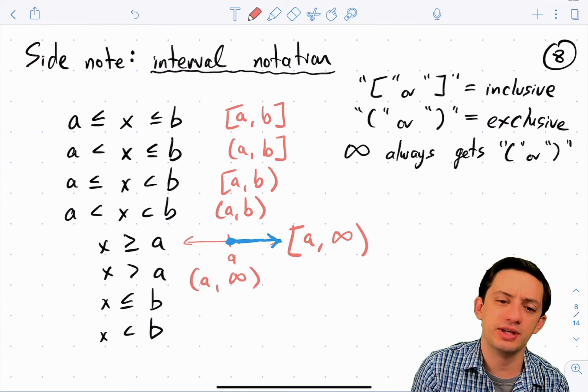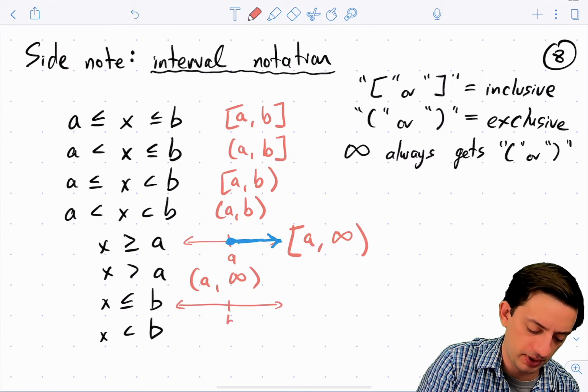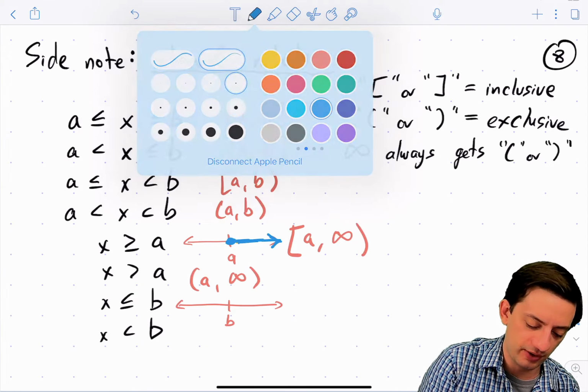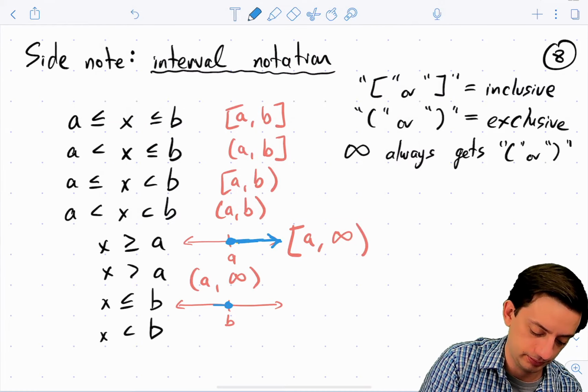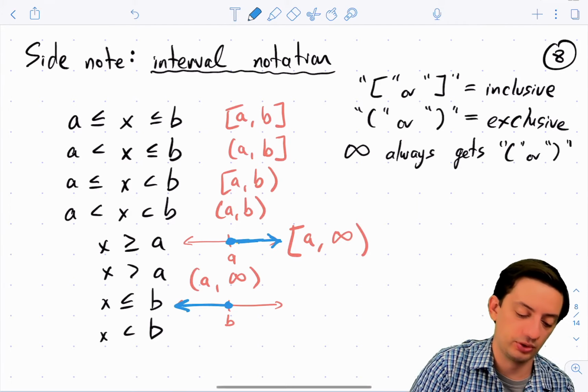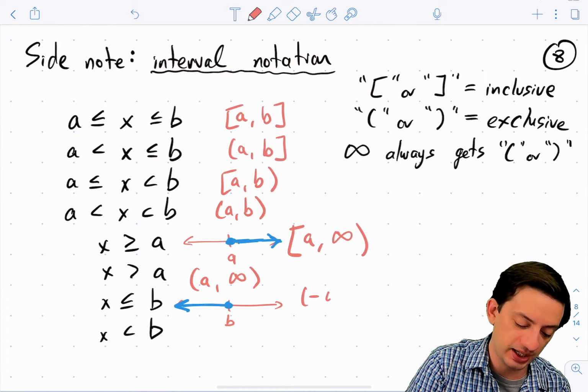And on these last two examples, they're similar. We've got a point b, but the valid points are now everything to the left because we have x less than or equal to b. So it looks like that. So this goes from negative infinity on the left to b inclusive.